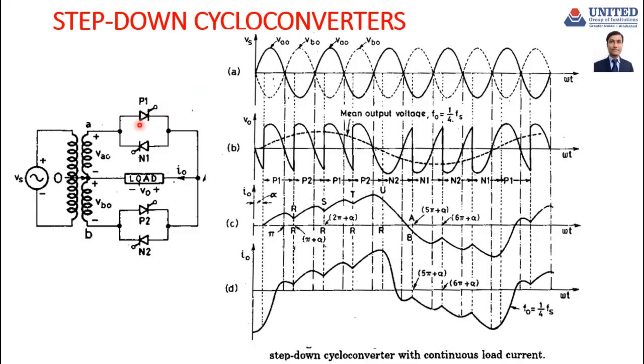When P1 is turned off, the load current has a value with magnitude RR here in the figure. With the turning on of P2 at pi plus alpha, the output voltage is again positive as it was with P1 on.